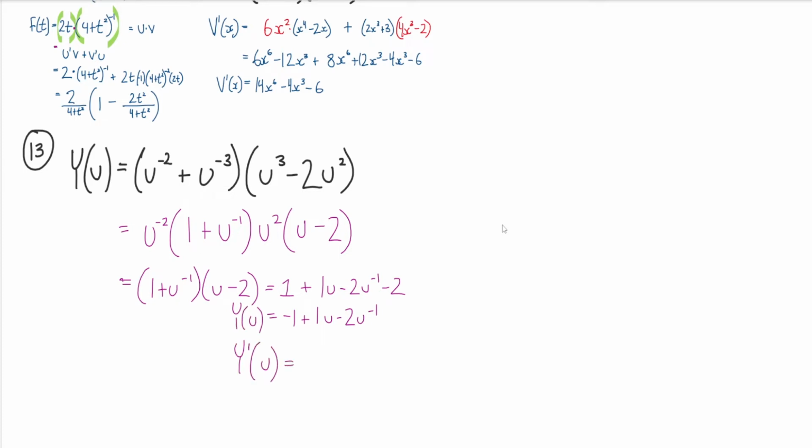So let's do it. u prime: the minus 1 goes away because the derivative of a constant is 0. The derivative of 1u is just 1. Minus 2, we get plus 2 because the minus 1 comes down, plus u to the minus 2. Boom. Not bad, right?